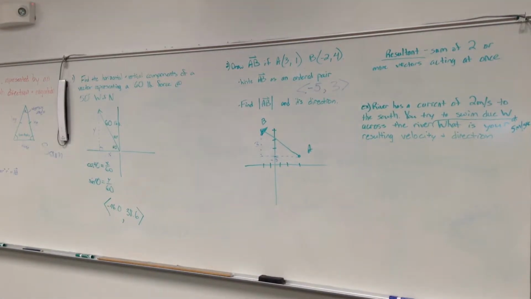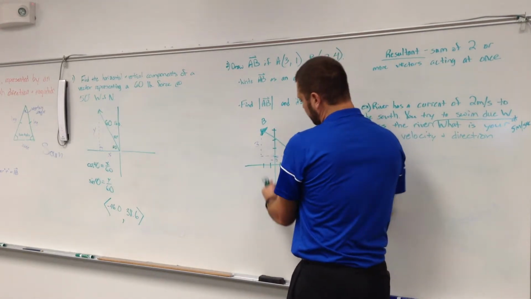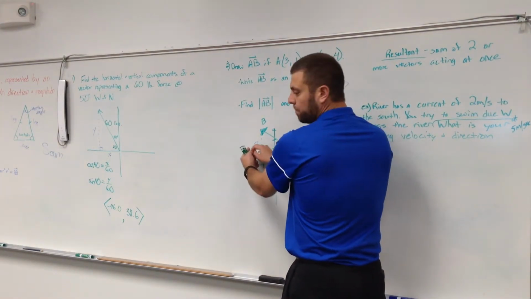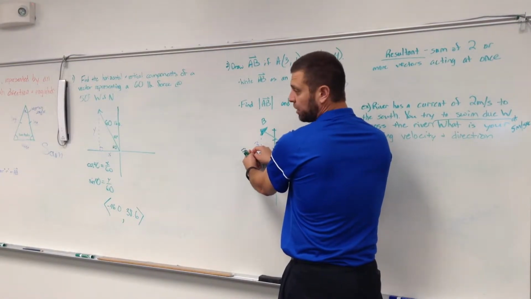So what part of this picture am I going to need to find in order to find the magnitude? The hypotenuse. How am I going to find that hypotenuse? Pythagorean theorem. Okay? A squared plus b squared equals c squared. So 25 plus 9 equals c squared. 34 equals c squared.